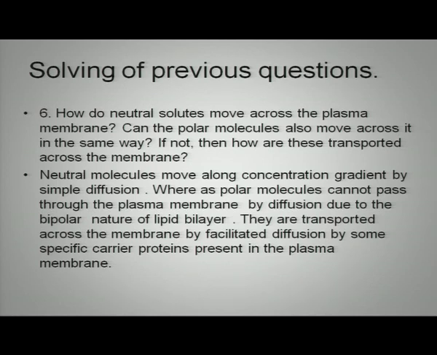They are present on the plasma membrane, and these carrier protein molecules combine with the substrate molecules to be transported, and move them across the plasma membrane.